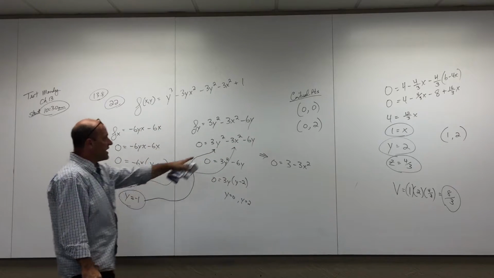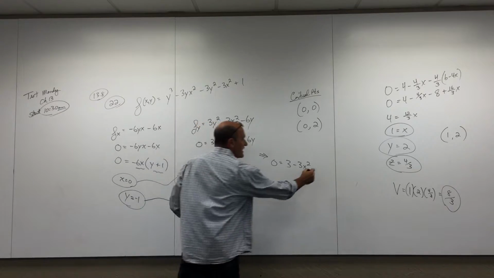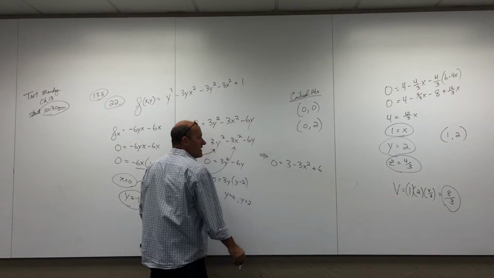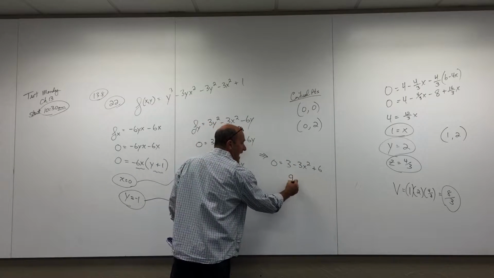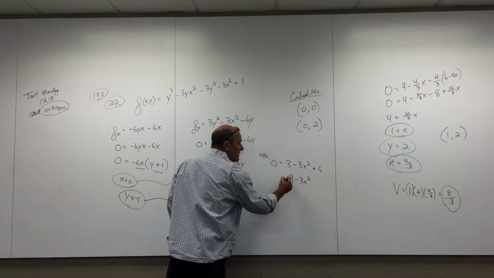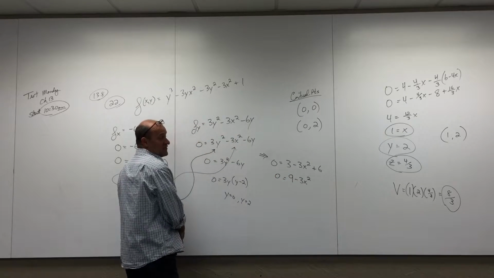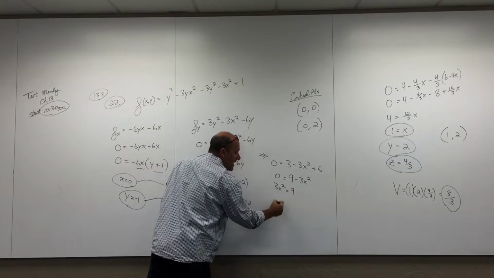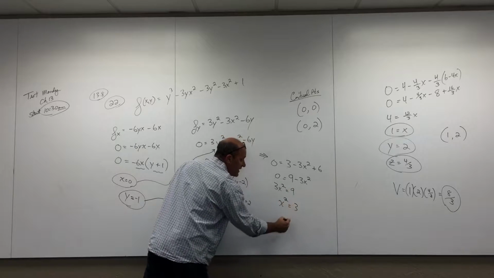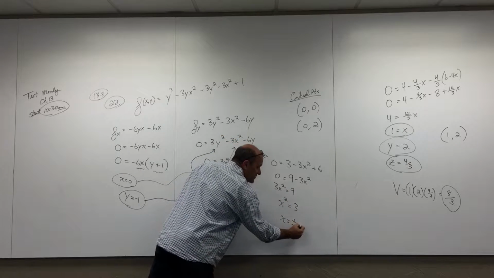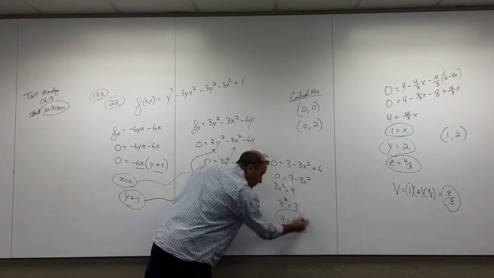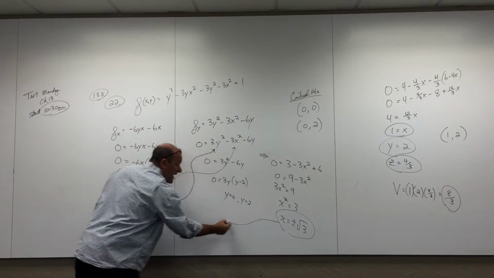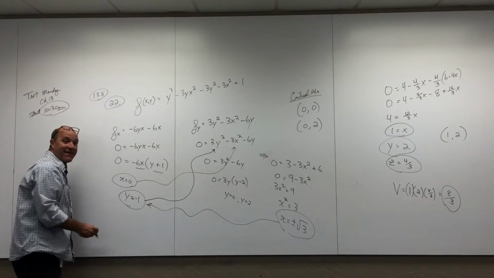Yeah, so that's a positive 6. So I got this equation: 9 minus 3x squared equals 0. Let's solve it. Move the 3x squared over. Equals 9 divided by 3. x squared is 3. x is plus or minus the square root of 3. Those two x values go with this y value.